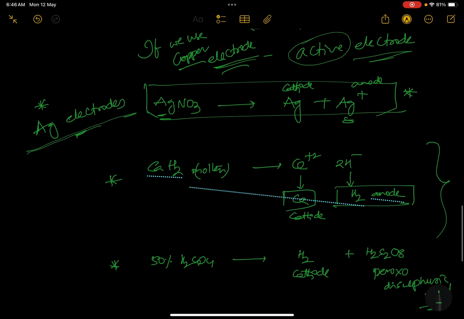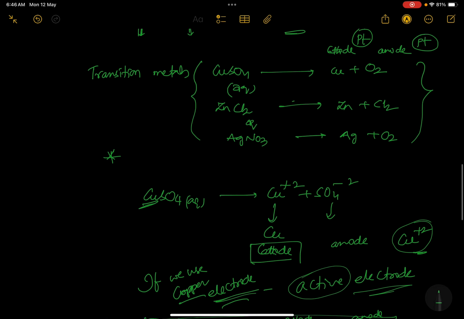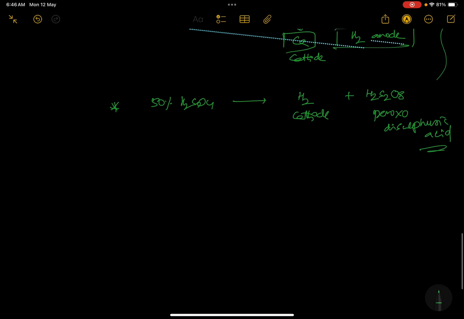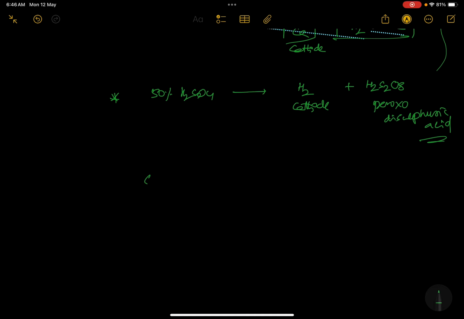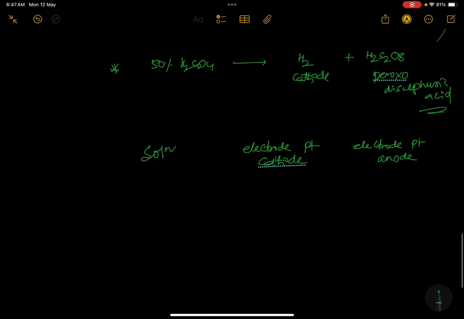Now here we are discussing just what the products are. For example, solution, electrode, platinum cathode, electrode, platinum anode. Aqueous NaCl gives hydrogen and chlorine.